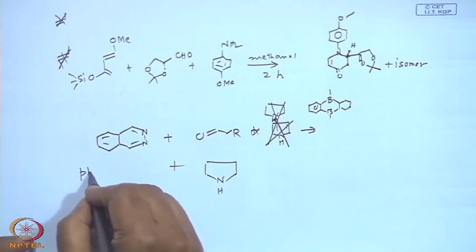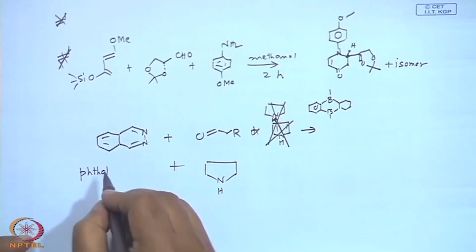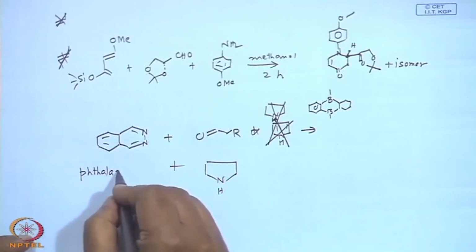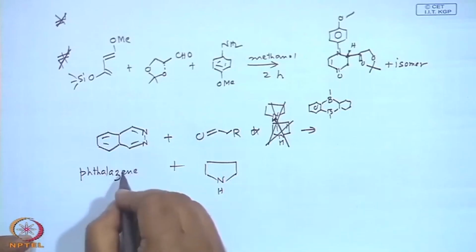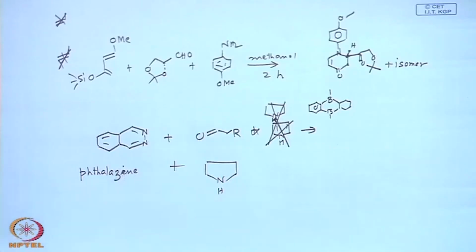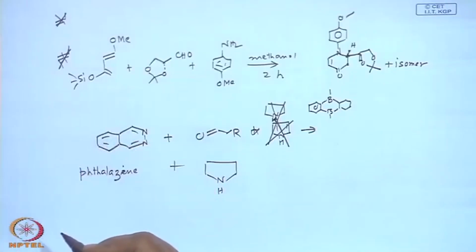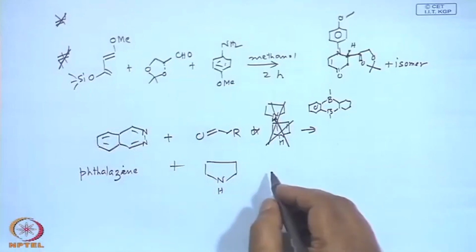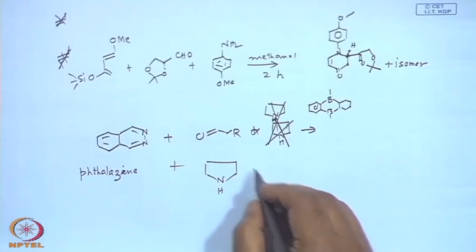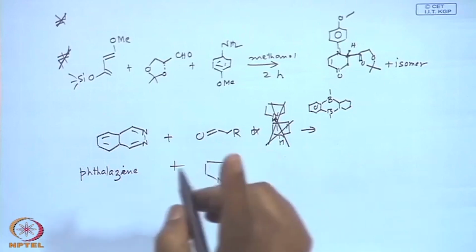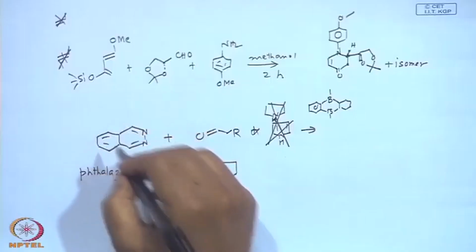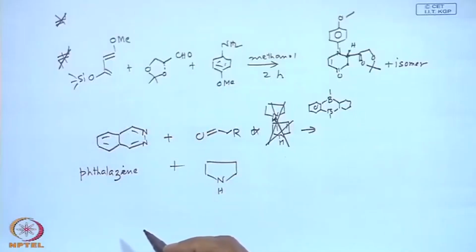It is a six-membered nitrogen compound. So it comes from phthalic acid kind of thing, so it is known as phthalazine. Okay. And mind you, in this case you get this enamine, not the Schiff base. So, you have to have the enamine, the reason being that when you have one nitrogen it is electron deficient, and when you have two nitrogens it becomes even more deficient.